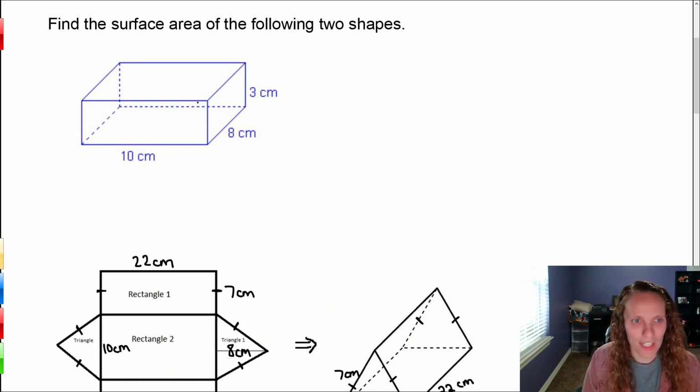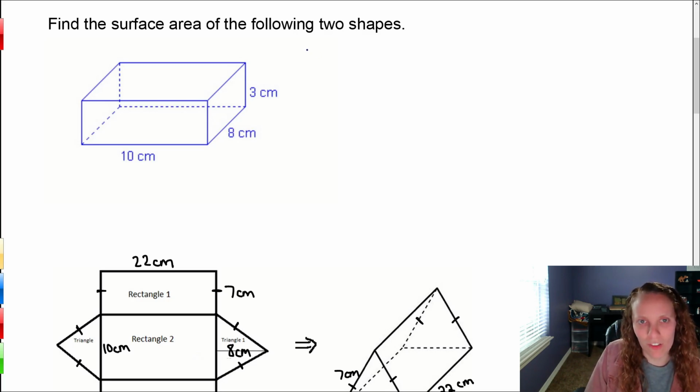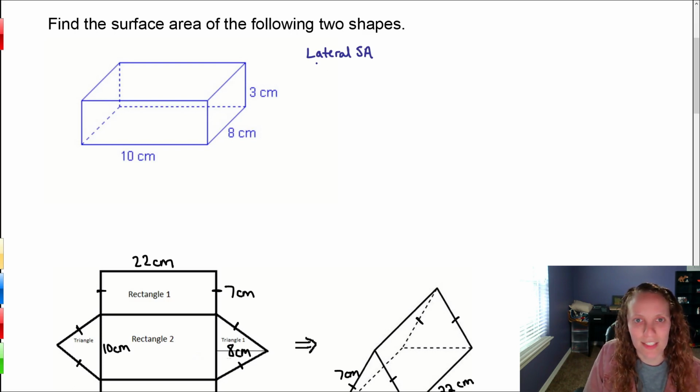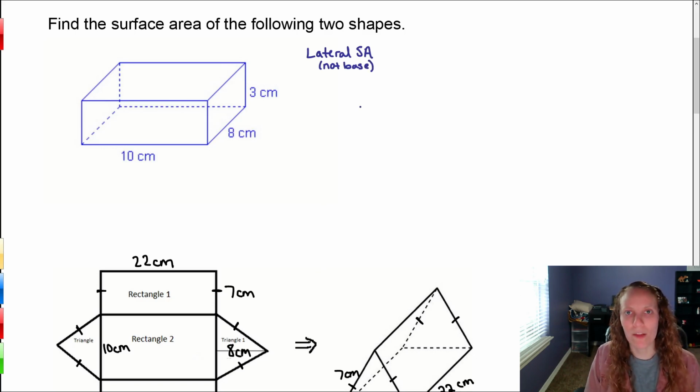So this is a rectangular prism, and we want to find first something that's called the lateral surface area. The lateral surface area does not include the bases. So it does not include the top and the bottom sides of a box.